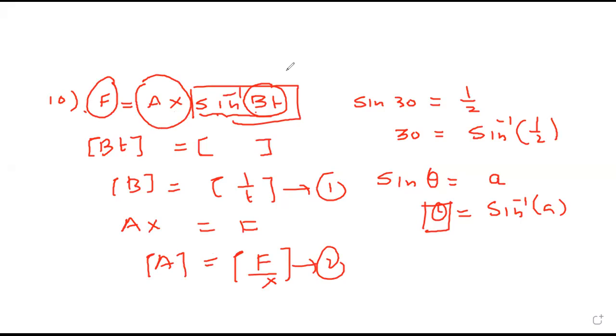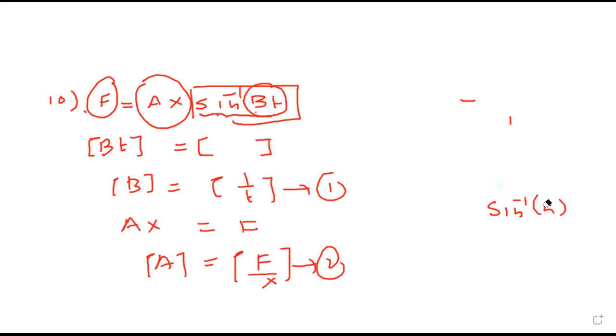Yes, sir. But we are interested in A and B together. Together they will represent which quantity? A into B will be F upon x into 1 upon time.